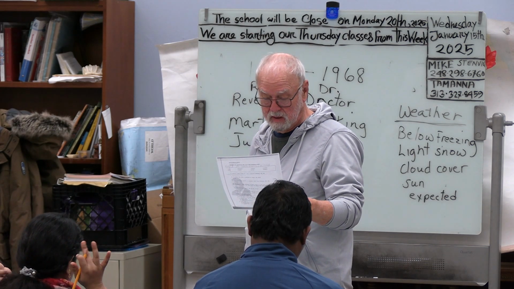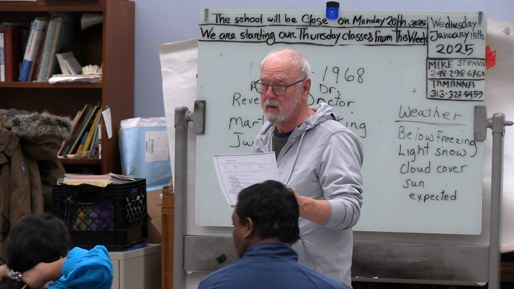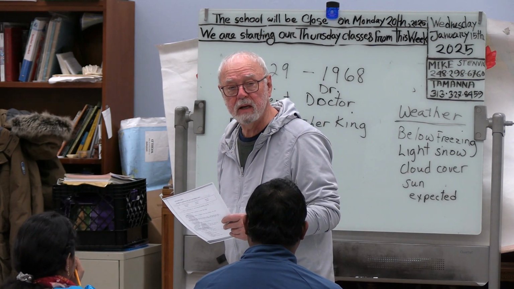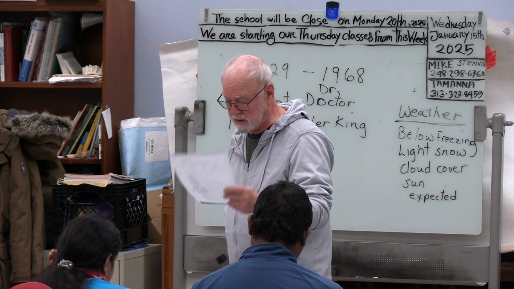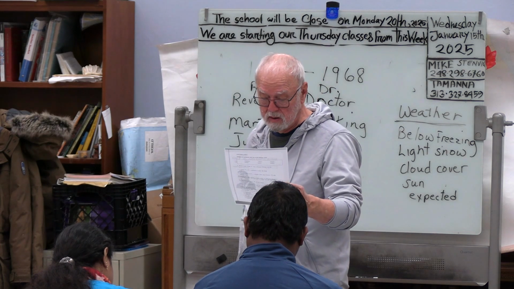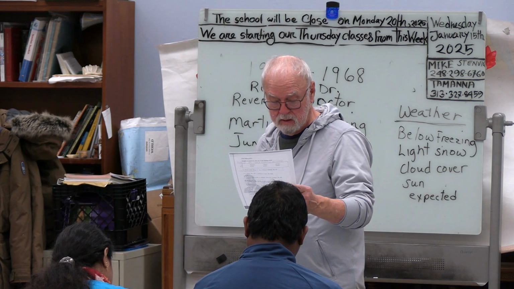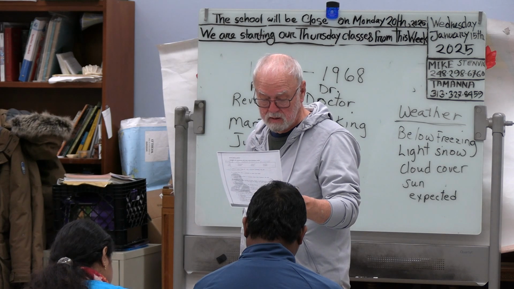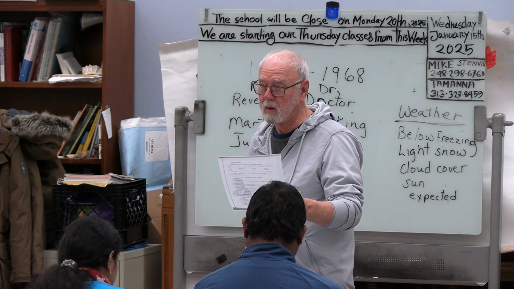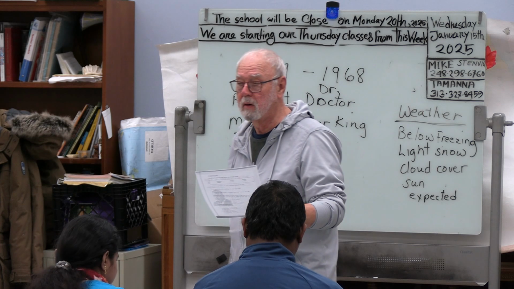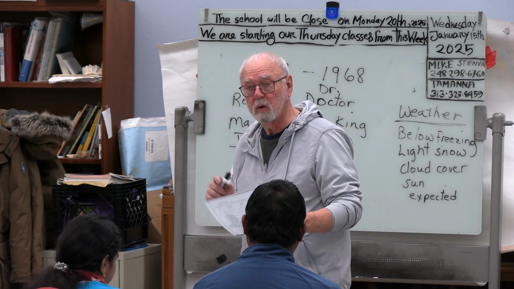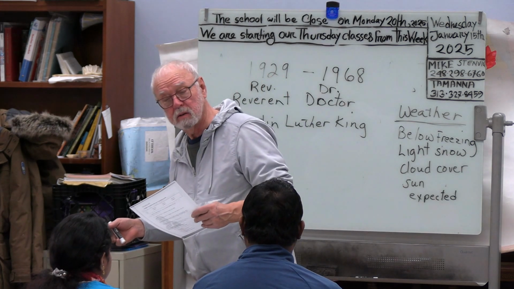In 1963. How would we say that? 1963 is how it's usually said. He was the leader of the civil rights march on Washington, D.C. Wait, hold on. Those go together. Washington, D.C. Okay.